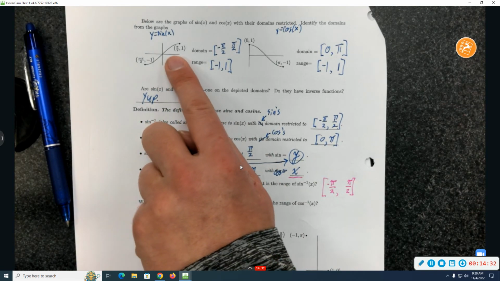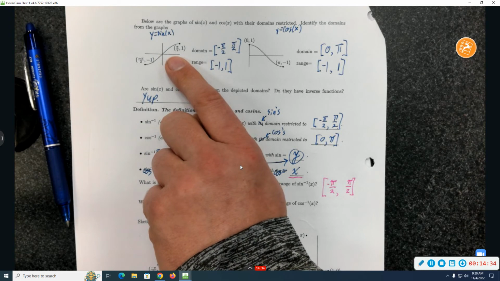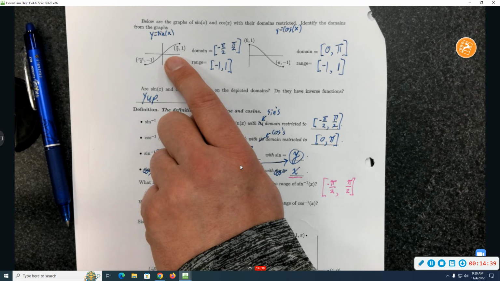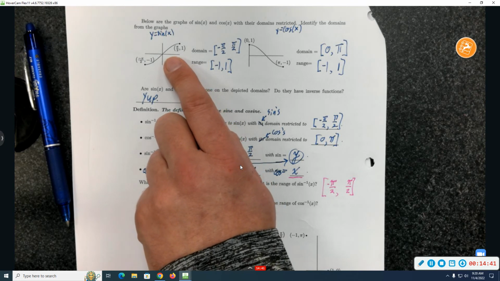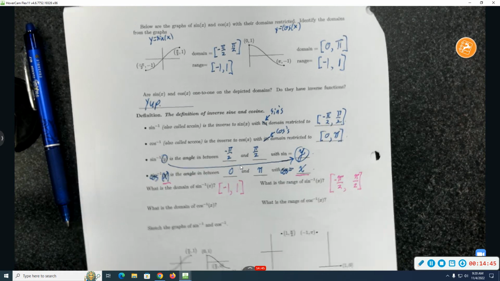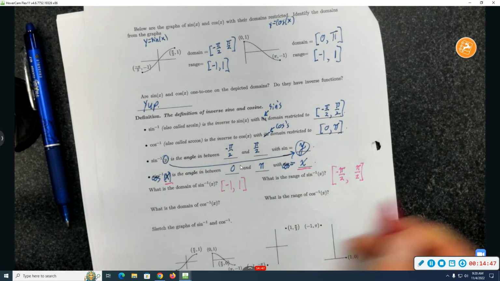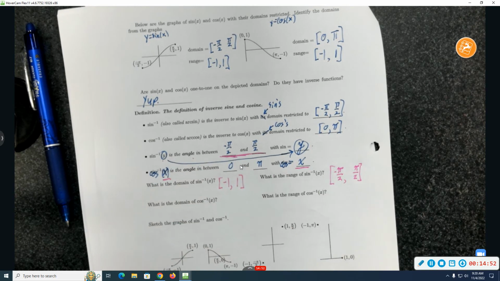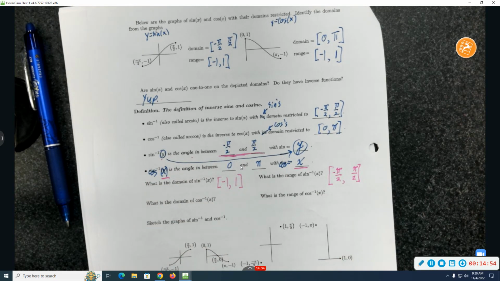What's the domain of this function? Well, it's like written, right? It's -π/2 to π/2. The range of the inverse function is the same as the domain of the original. So yeah, it should be that. And notice, inverse sine of y is an angle that is between -π/2 and π/2. So the range is what things it sits between.